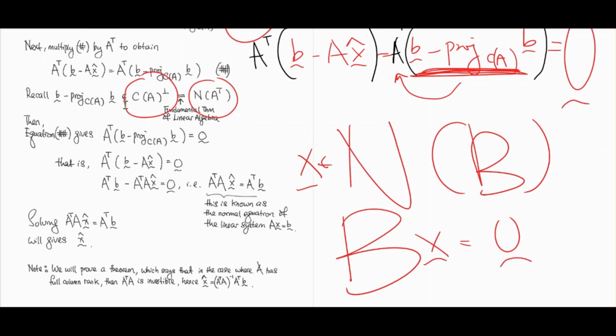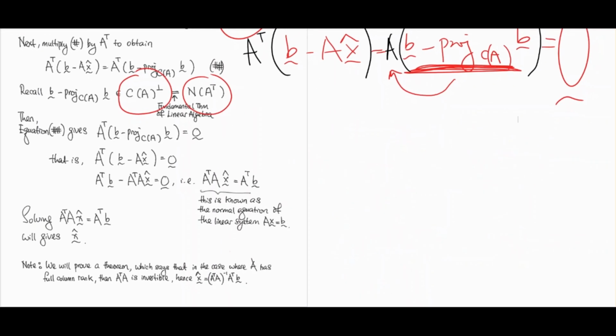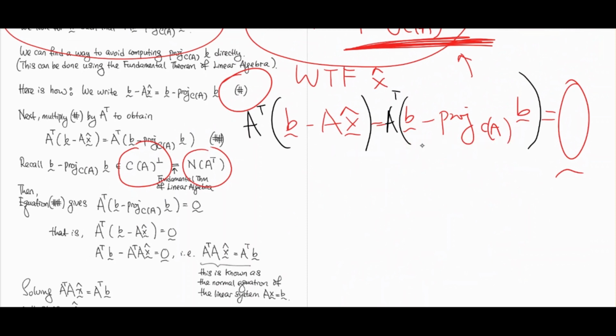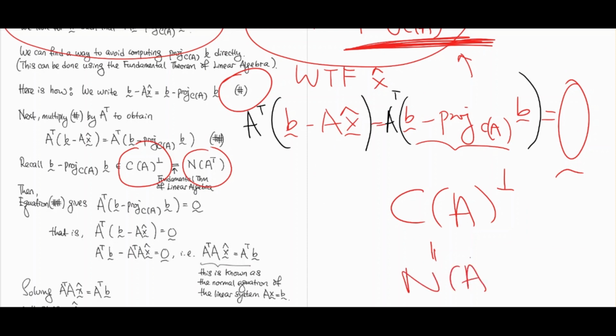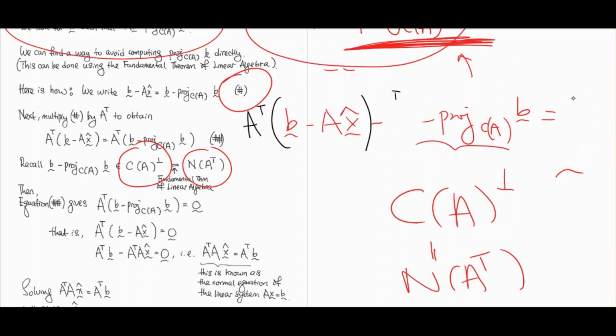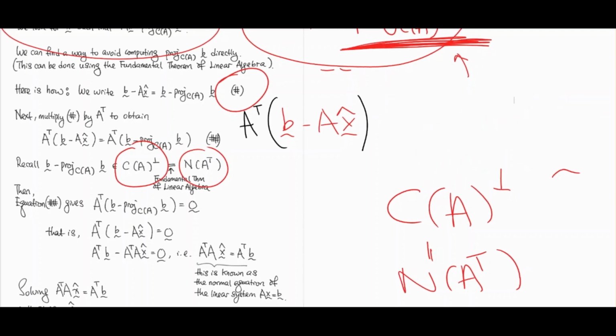That's what null space means. So we have this one in the column space of A perp, which is the null space of A transpose, so we have this thing equal to 0.